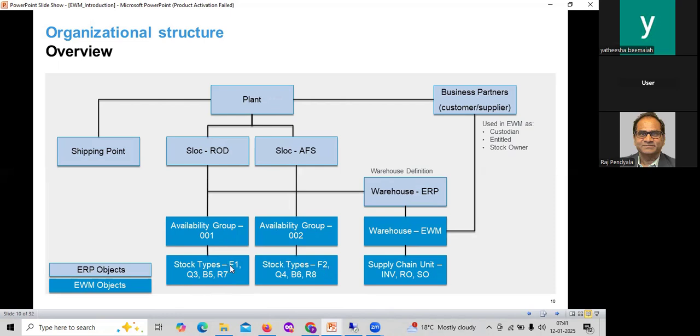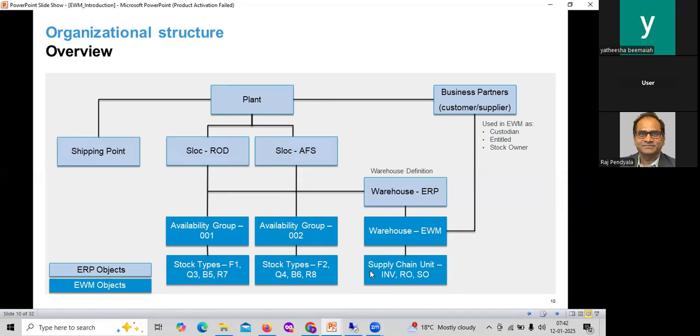F1 is unrestricted use in the put away, so the stock is still not available for any further usage. With the stock types F1, Q3, B5, R7, the stock is still in the put away. But with the stock types F2, Q4, B6, R8, the stock is available in the warehouse and can be further used by the warehouse operator. That means they can create the outbound deliveries and ship them to the external customers with this stock type.